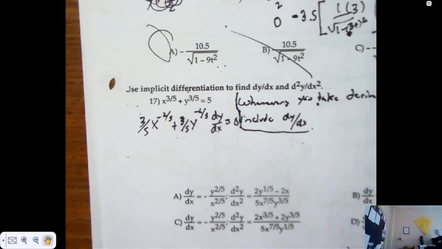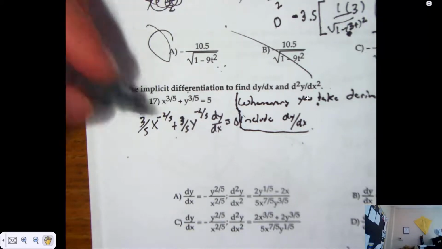And now you solve it for dy dx. So I'm going to subtract that guy. 3/5 y to the negative 2/5 dy dx is equal to negative 3/5 x to the negative 2/5.